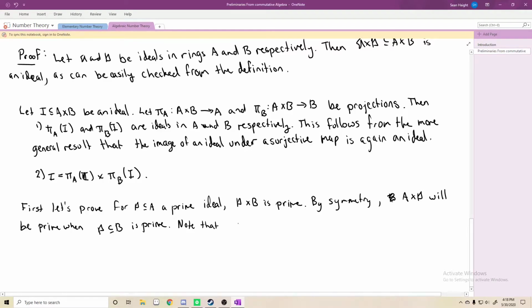Note that we have this surjection π_A from A × B to A. The first isomorphism theorem gives us an isomorphism.